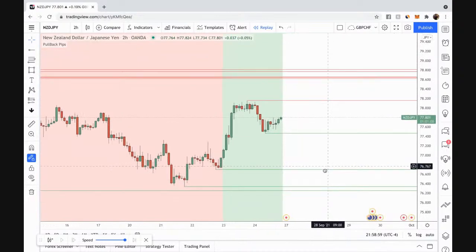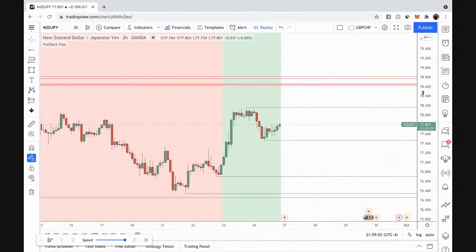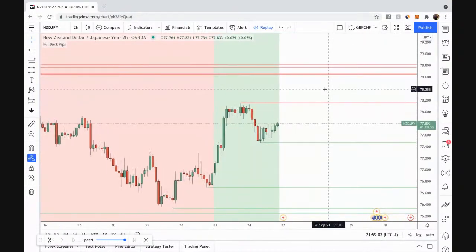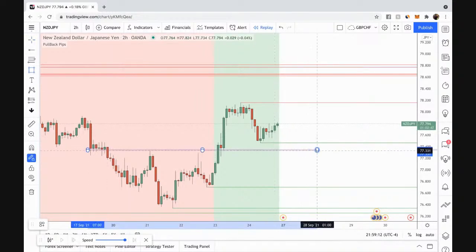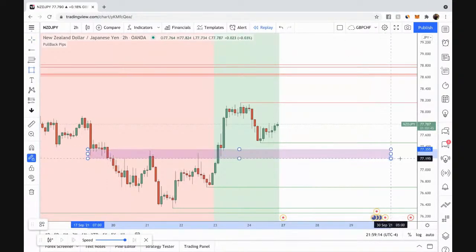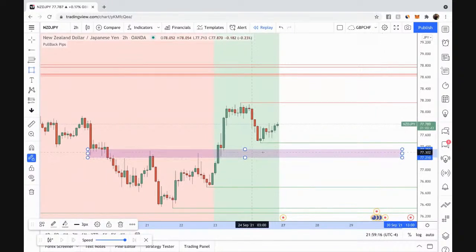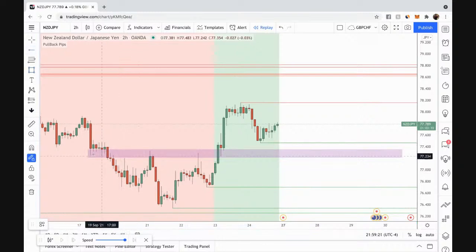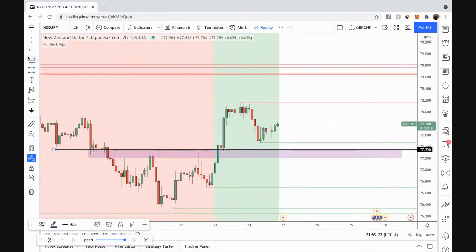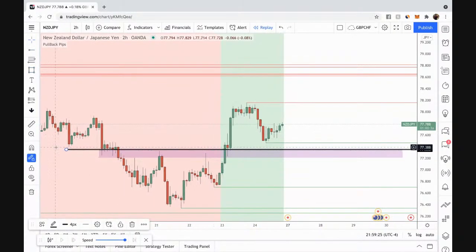Looking at this NZDJPY, you can already start to see where the structure is located. Let's just focus in on this area right here, where it's currently at. If you notice already, this market is starting to break all of this rejection area of resistance, and now is turning into a possible supportive area. Now think about this. In the past, this specific zone was once supporting it, right?